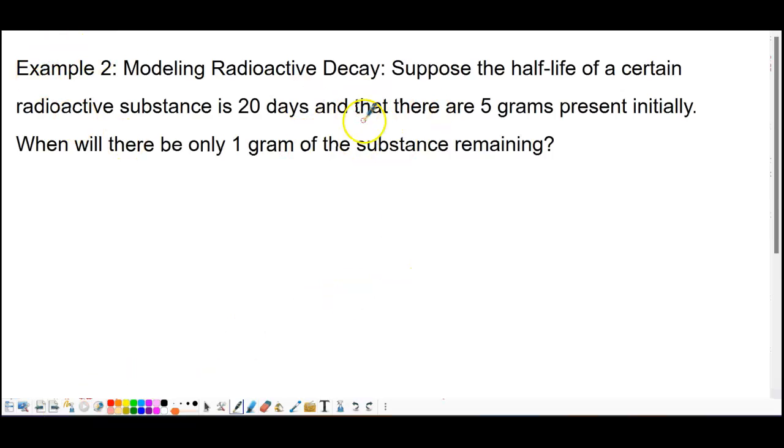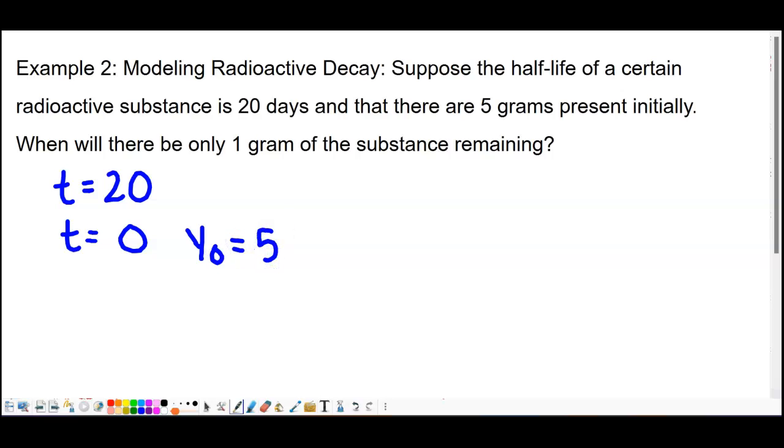So let's try an example. It says, suppose the half-life of a certain radioactive substance is 20 days. So 20 days is my time. And that there are 5 grams present initially. So what that means is at time 0, y naught is equal to 5.